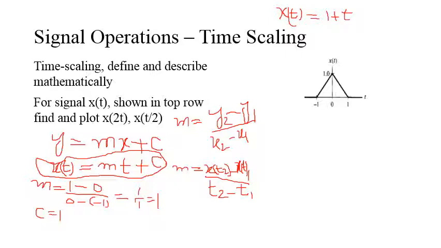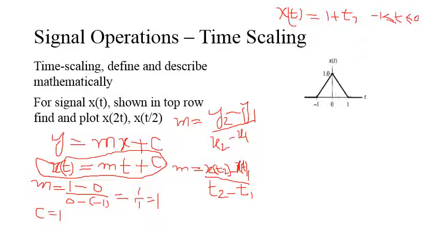And what is the range of t? The values of t are minus 1 less than or equal to t and less than or equal to 0. Okay, so this is your first part.